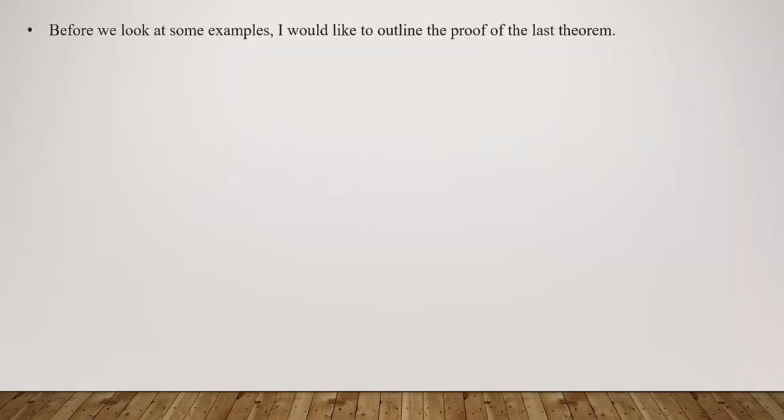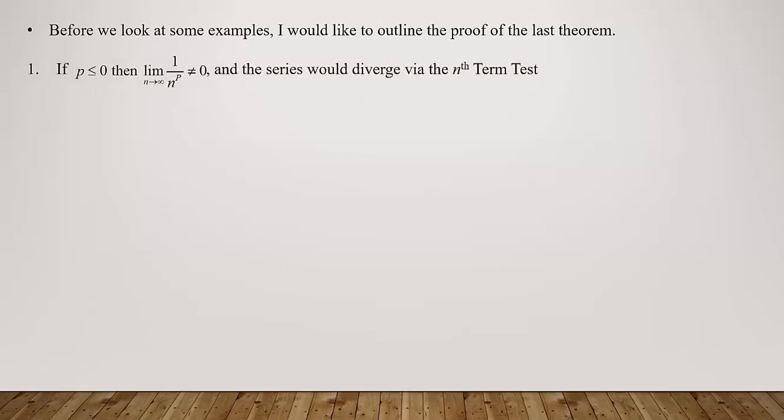And before we take a look at some examples, I'm going to simply outline the proof of that last theorem. I'm not going to crank through it, just outline it. First off, if p is less than or equal to 0, then the limit as n goes to infinity of 1 over n to the p would not be equal to 0. And the series would diverge via the nth term test for divergence.